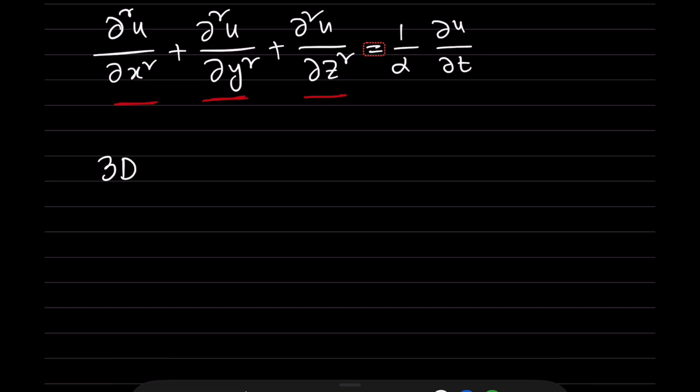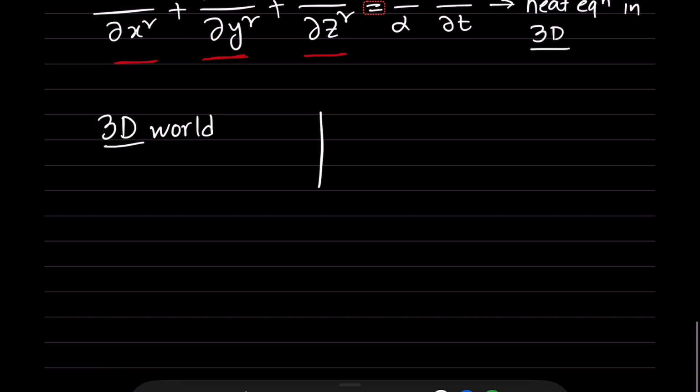So this is a very good example, because this is a heat equation in 3D, and everything that we do is confined in these three directions, x, y, and z.